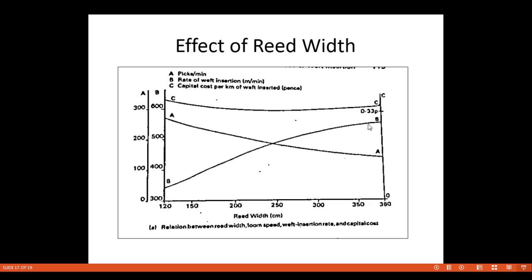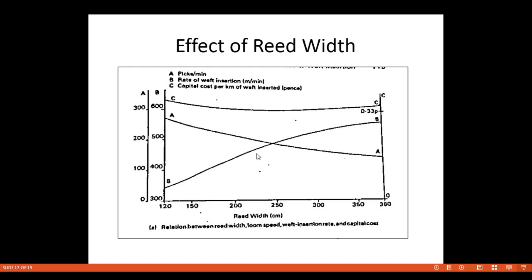At B we can insert 500 meters per minute at 380 centimeter width of the fabric. So as the width increases, the weft insertion rate per minute goes on increasing.